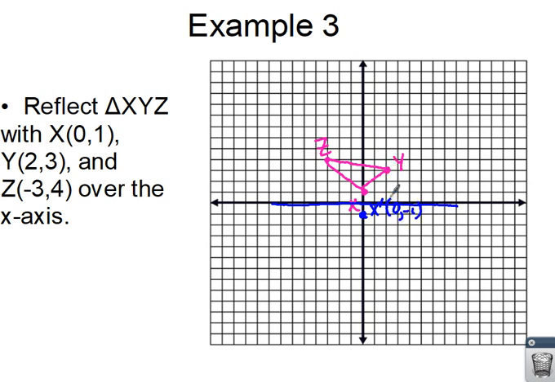Y prime goes 3 to the line, 3 to the cross. So this is 2, negative 3. And then Z goes 4, so we go 4 down. So that is negative 3, negative 4. New coordinates every time.